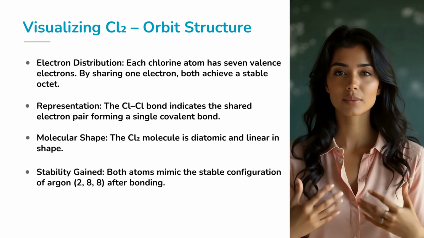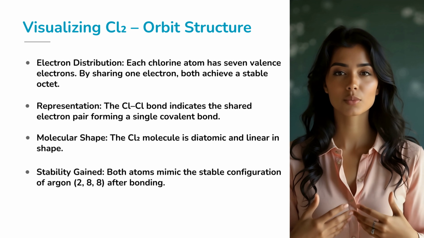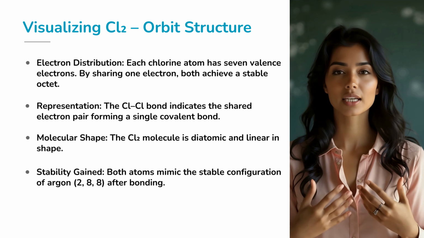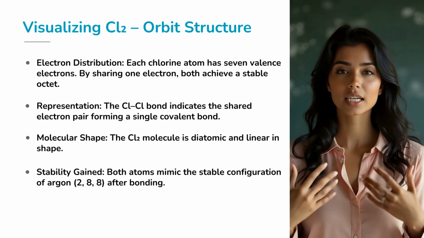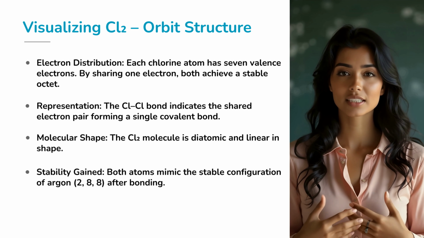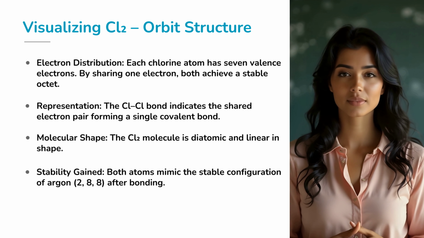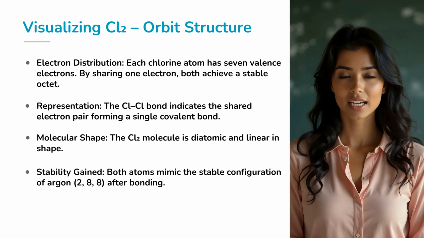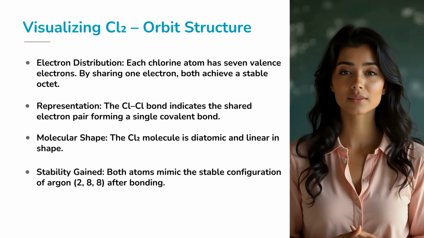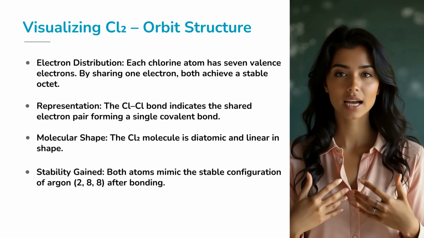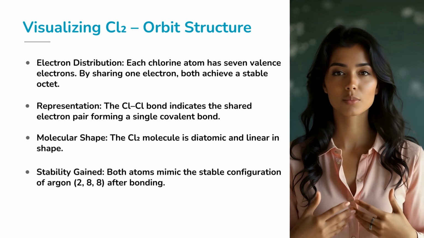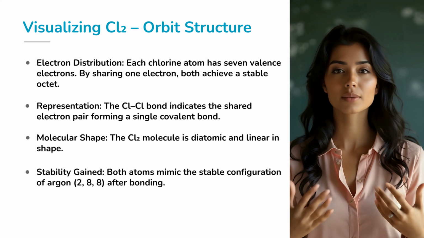Each chlorine atom has 7 electrons in its outermost shell. When they come together, one unpaired electron from each atom is shared. This forms a single covalent bond. Each atom still retains 6 electrons as 3 lone pairs. So in the orbit structure, you'll see each chlorine atom with 3 lone pairs and one bonding pair that sits between them.